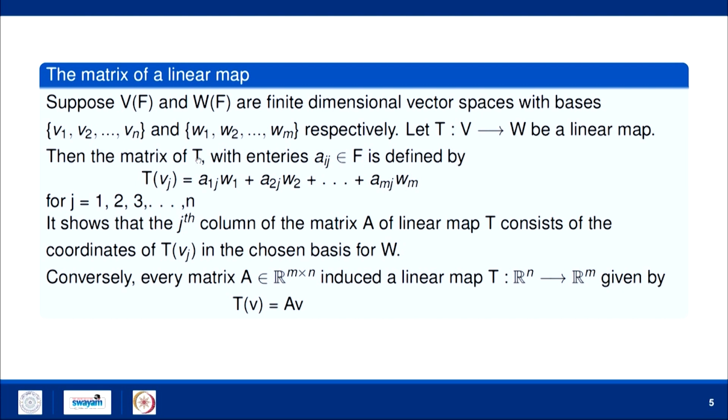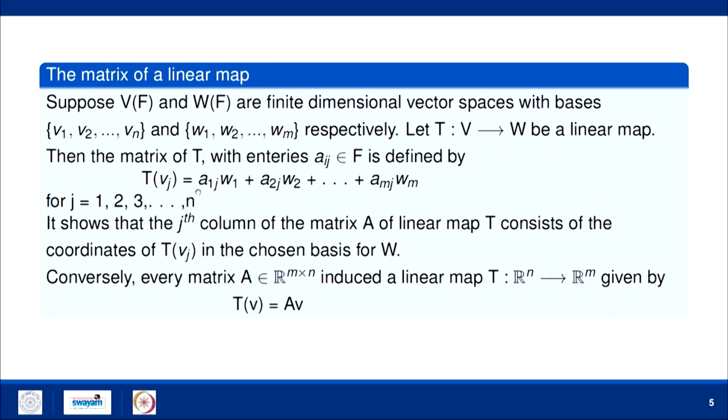Then the matrix of T, with entries a_ij belonging to F, so the entries of the matrix will come from the field F, is defined by, for any basis vector vj, T of vj equals a_1j w1 plus a_2j w2 plus ... plus a_mj wm. So, first you have to take the basis vector from the vector space V, find its image in W, and then write that vector as the linear combination of w1, w2, ..., wm.